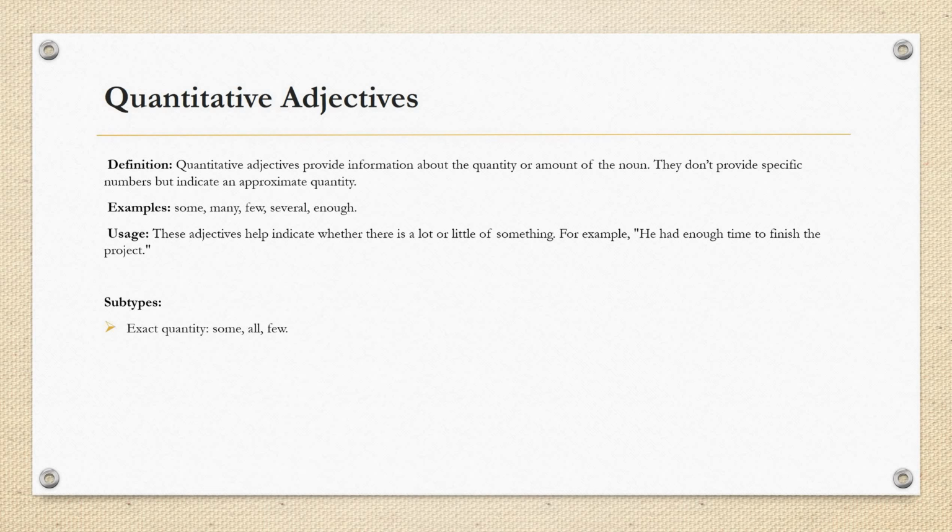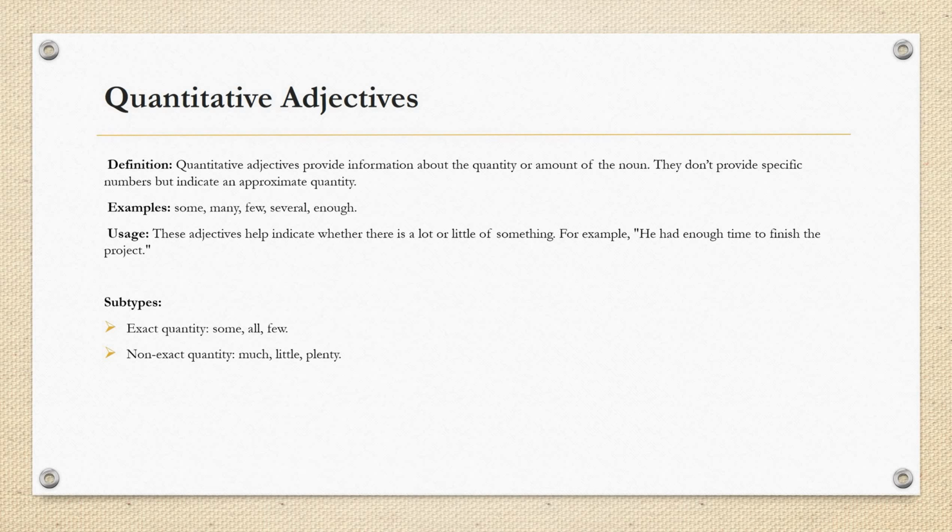Subtypes. Exact quantity: some, all, few. These indicate a closer approximation to the noun's quantity without using specific numbers, like all the students or few options. Non-exact quantity: much, little, plenty.